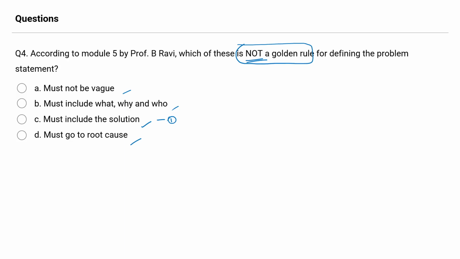Others also please think and share your perspective. The language of the question is a little tricky because it is saying which one of these is not a golden rule. So we have to identify which one of these is not a golden rule.